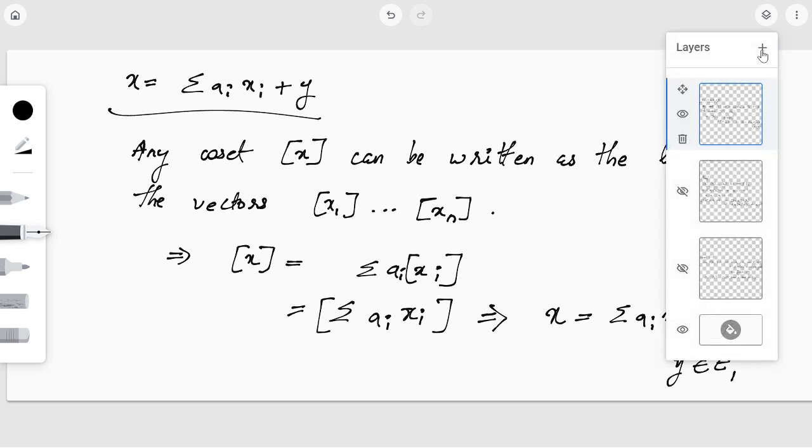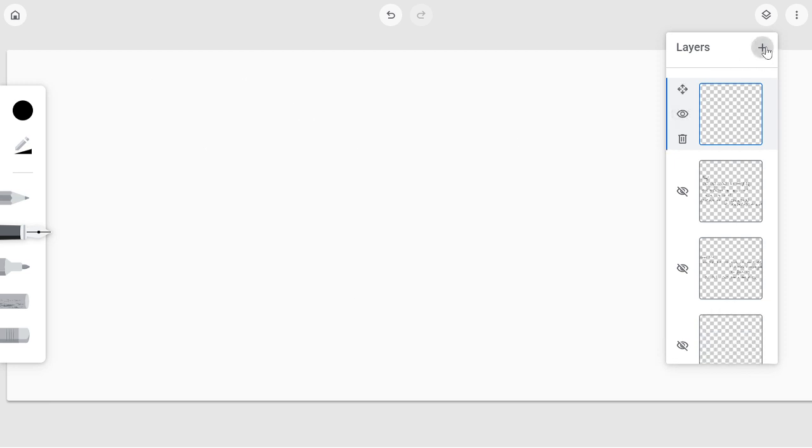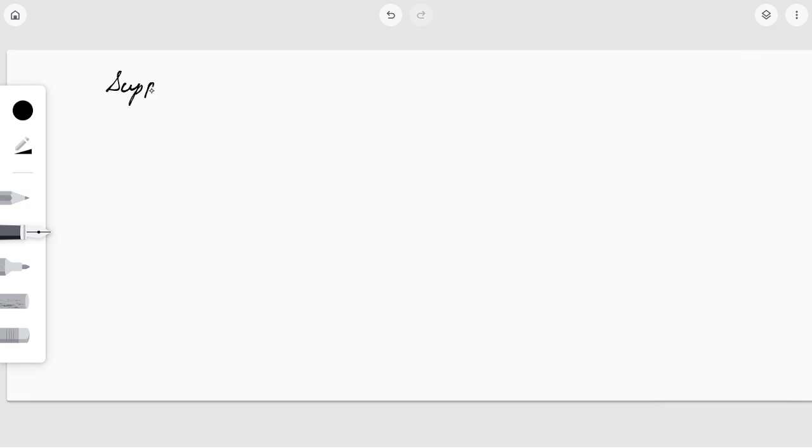Next, we need to show the uniqueness of this representation. So suppose that x is equal to summation bi xi plus z, where z is an element of E1.